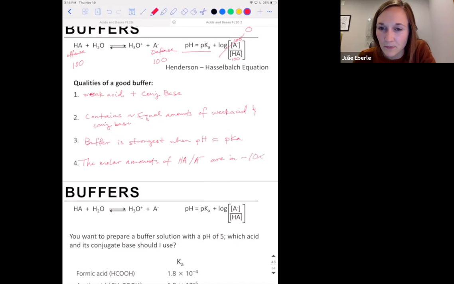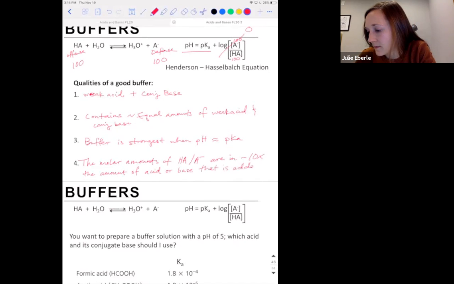I'm going to write 10x. 10 times as concentrated as the amount of acid or base that is added to the buffer.